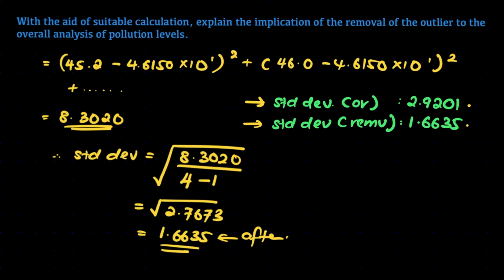So we can say that after removing the outlier, there is an increase in the precision of the data because of the decrease in the standard deviation, from 2.9201 to 1.6635. It shows higher precision due to lower standard deviation. This is the final answer for this question.